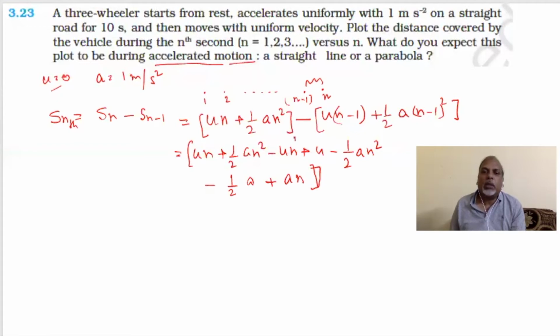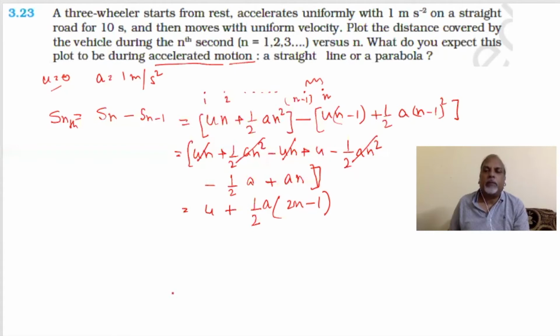So what goes off? This goes off, this also goes off. And what is remaining? u plus half a (2n minus 1), it should be like this.